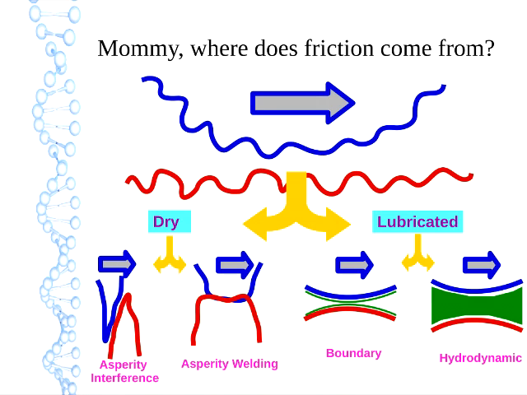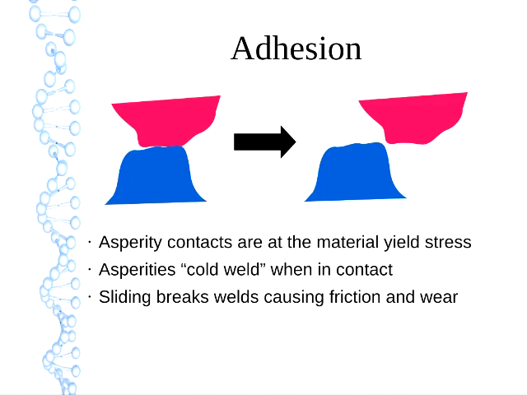All right, so adhesion. We discussed adhesion briefly. In this case, the asperities on the surfaces touch. It's a little bit complex to get into, but at all asperity contact, the pressure is the yield pressure of the material.